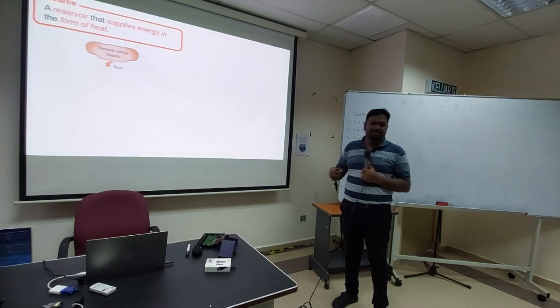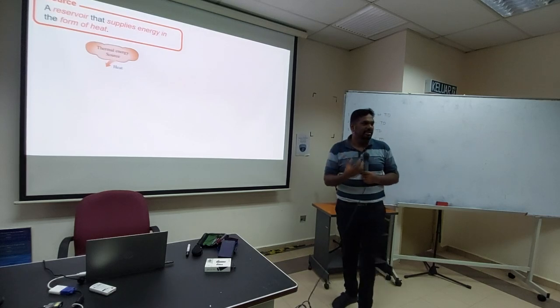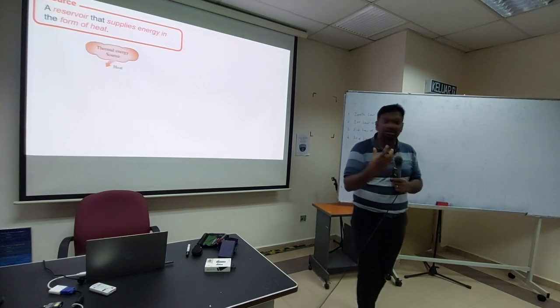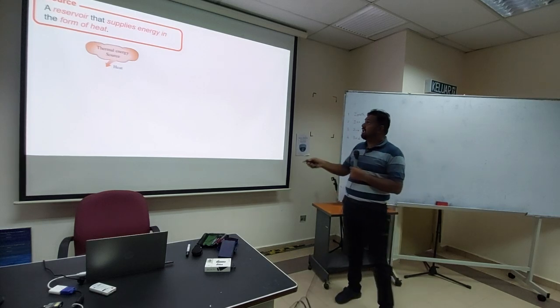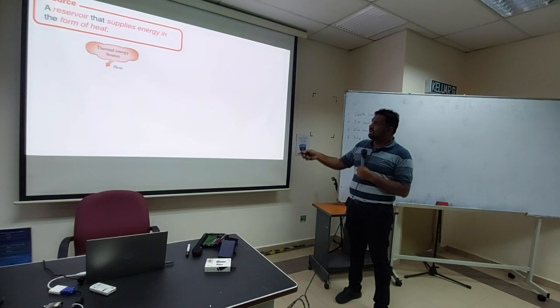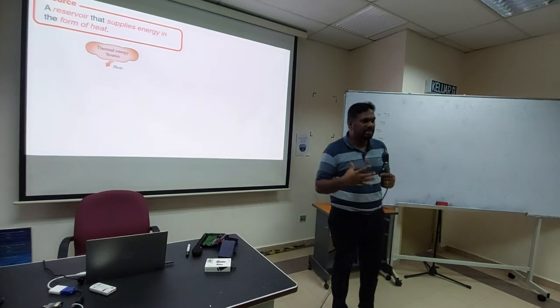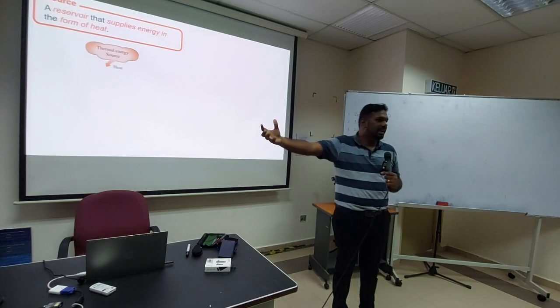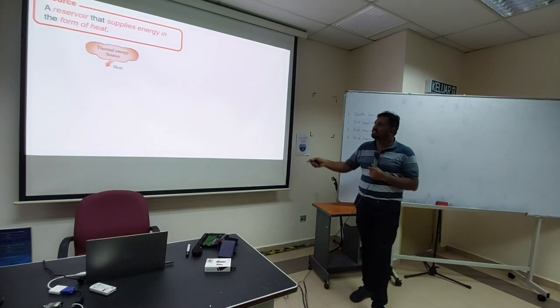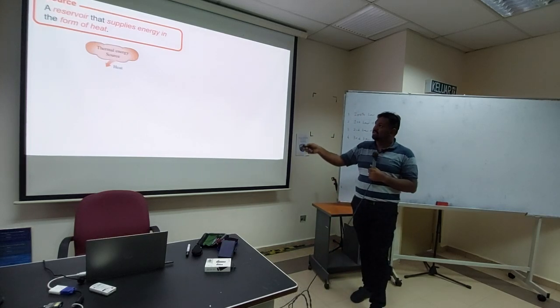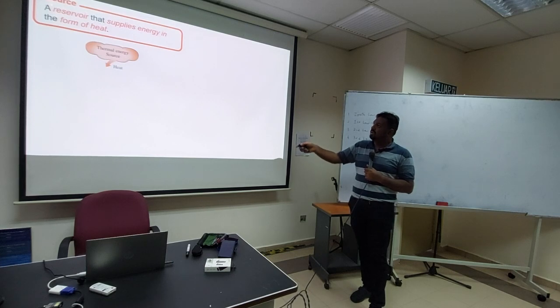Source means the origin, the origin of the energy. If the reservoir contains something and it gives out energy, we call it a source. A source is a reservoir that supplies energy in the form of heat.